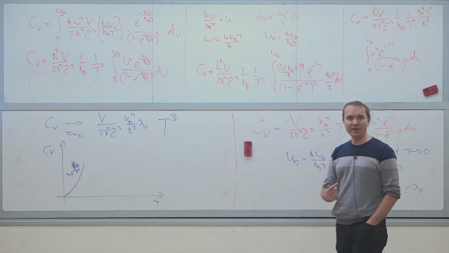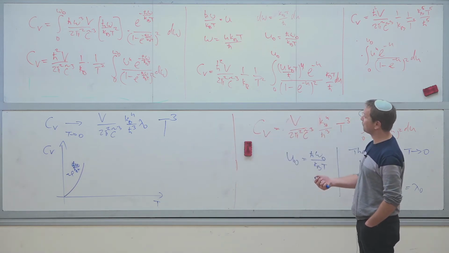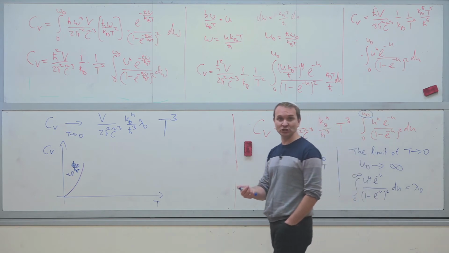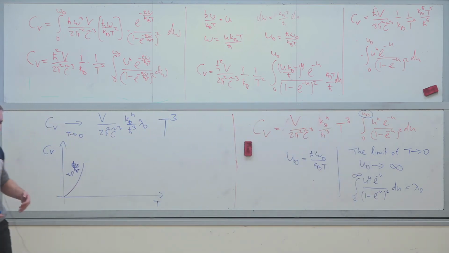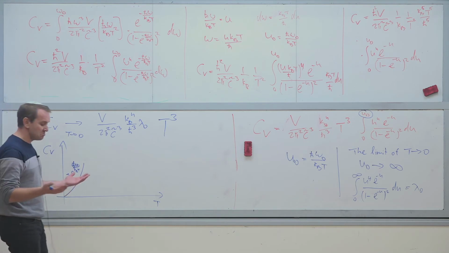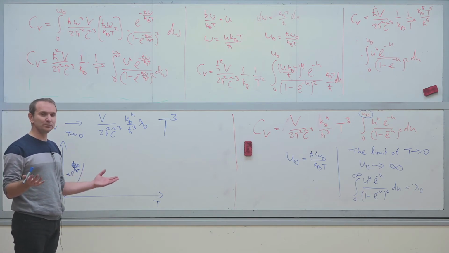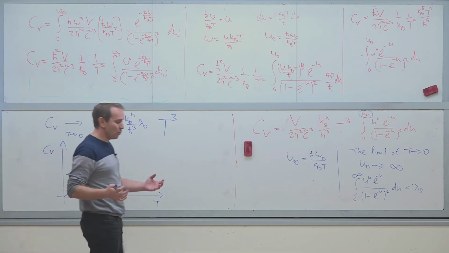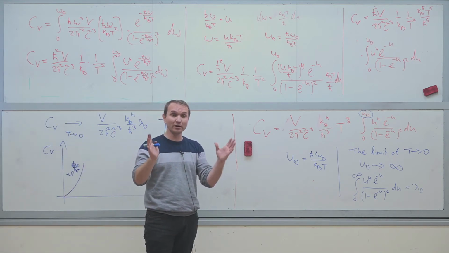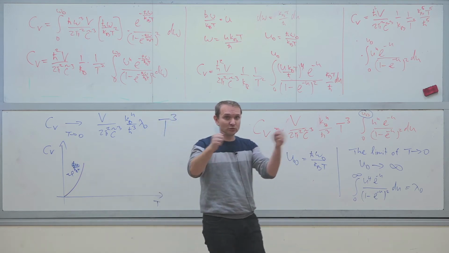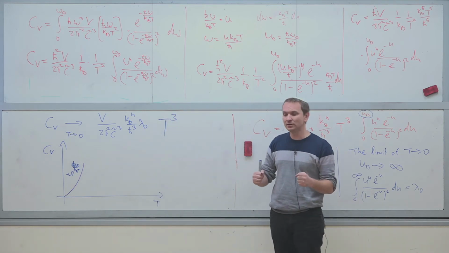Why? The specific heat defines how fast the average energy changes with temperature. Now we start to heat the system. All the different oscillators are completely independent, so we can transfer this energy to all of them in parallel, and all of them start to vibrate really fast.